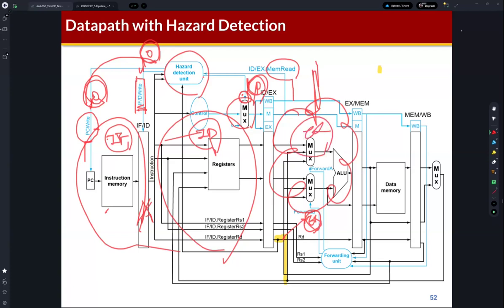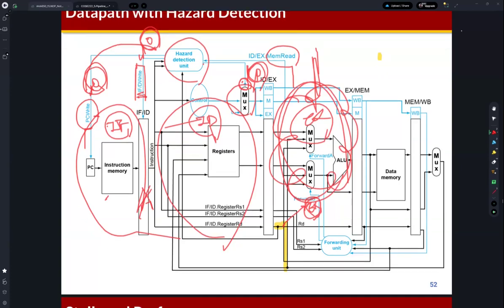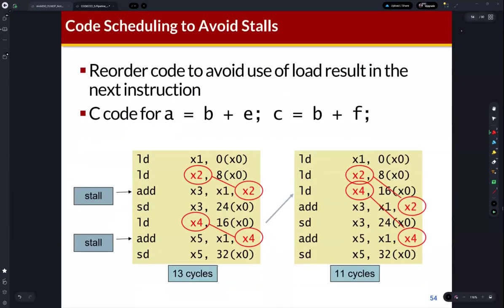So this bubble occupies one cycle, right? So one cycle will be wasted, right? But we already learned a technique that covers this. Using compiler techniques, we can adjust the order of instructions. By doing this, we can avoid the load-use data hazard, right?